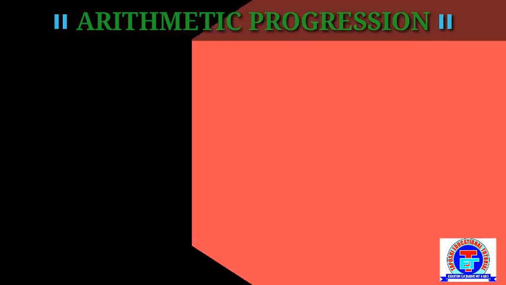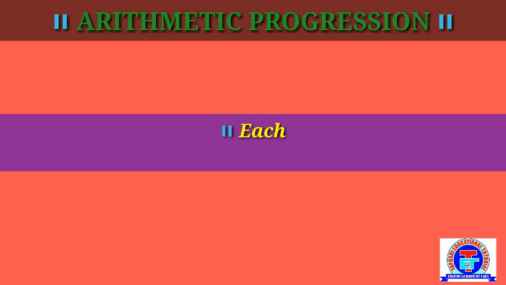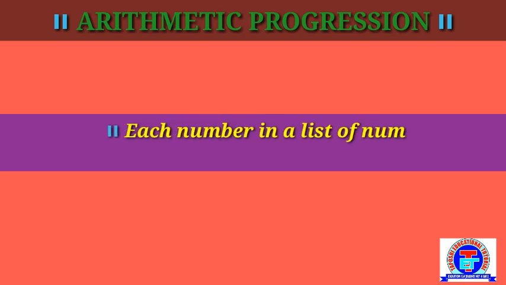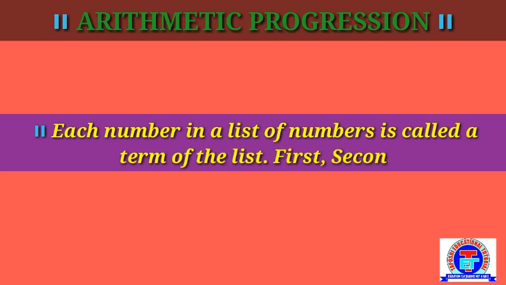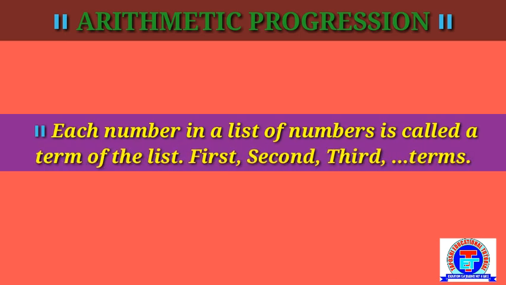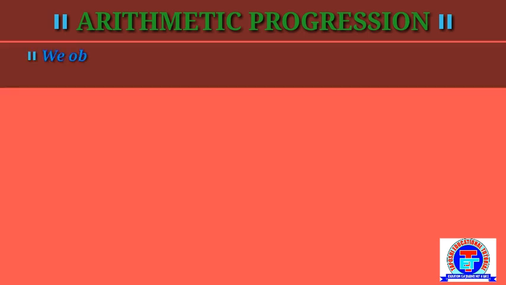Here, each number in a list of numbers is called a term of the list: first, second, third terms. We observe the following in the above lists.